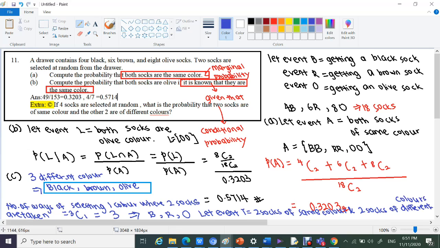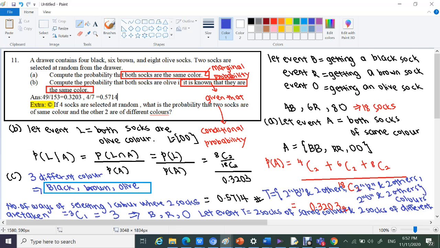So in this case, for T we can either get 2B and 2 others, or we can get 2R and 2 others, or we can get 2O and 2 others, right?